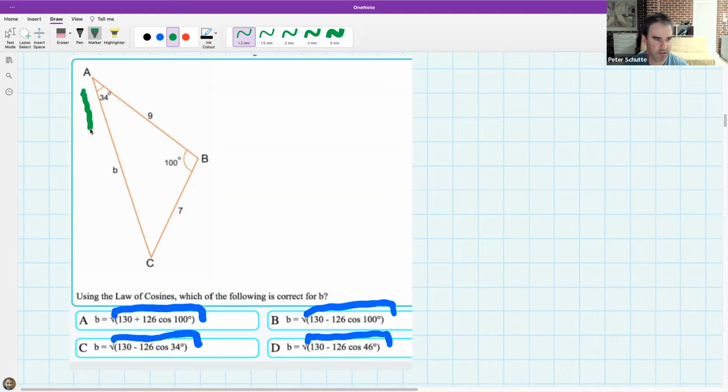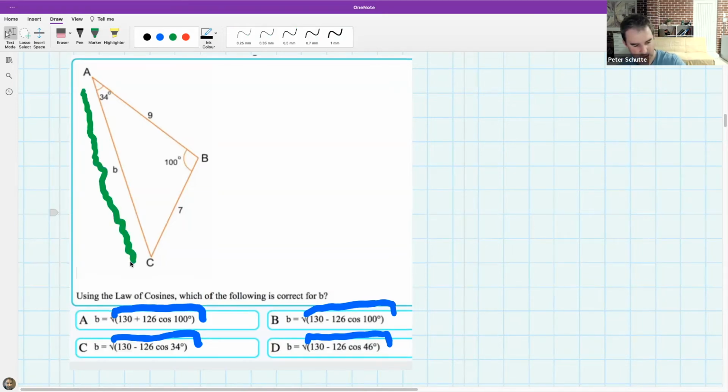So they're focusing your attention on that side. So let's see what you can do. Which is the correct option for the length of little b?